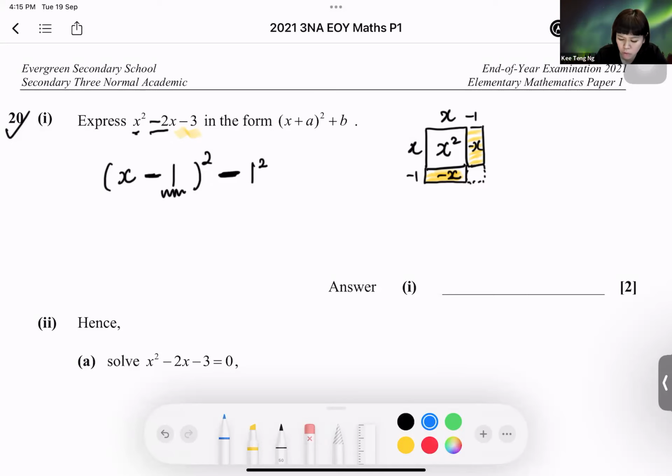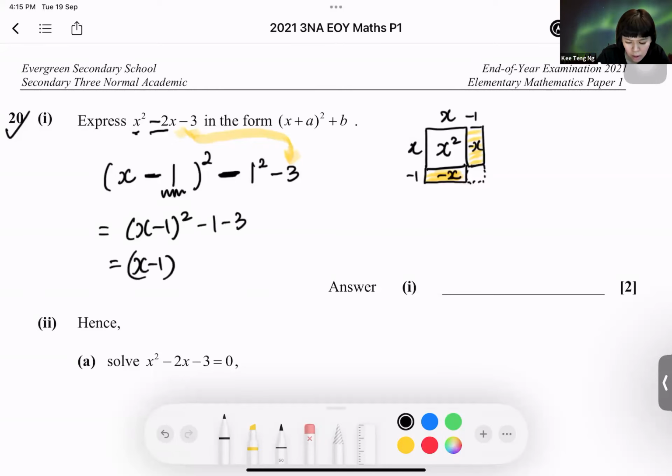Then I have my original value, negative 3, plug it down. So this becomes x minus 1 squared, minus 1 squared minus 3. 1 squared is 1, so x minus 1 squared minus 4. Have you gotten the answer?